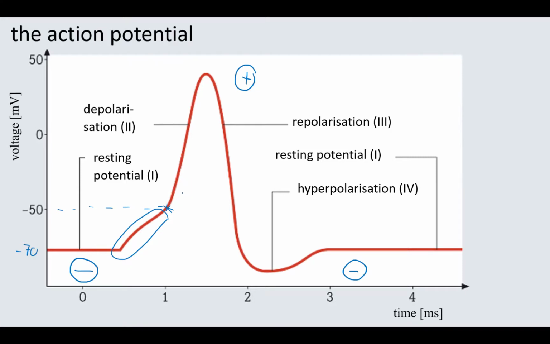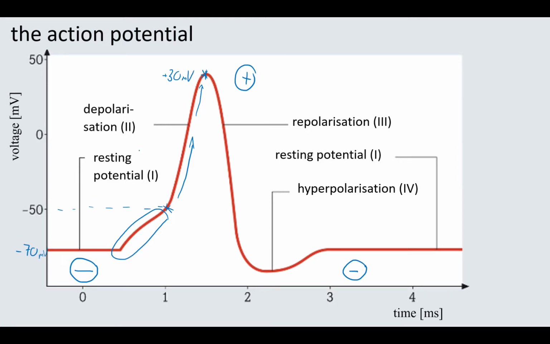So the voltage dependent sodium channels will also open, which means that a lot of sodium, basically all the available sodium, enters the cell. So we have a lot of positive ions flowing into the nerve cell at once, and that means that the charge will go into the positive. Then the next step happens when we reach usually plus 30 millivolts, and there is a second trigger point.